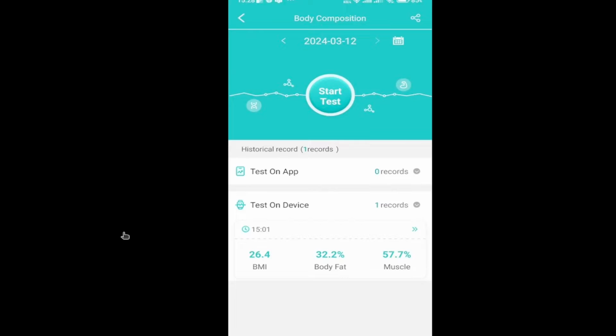Usually you have two electrodes that conduct a tiny little current of electricity so that they measure your body composition in terms of muscle, in terms of fat, and calculate your body mass index. And this is how we know if you are overweight, underweight, obese, normal, etc.